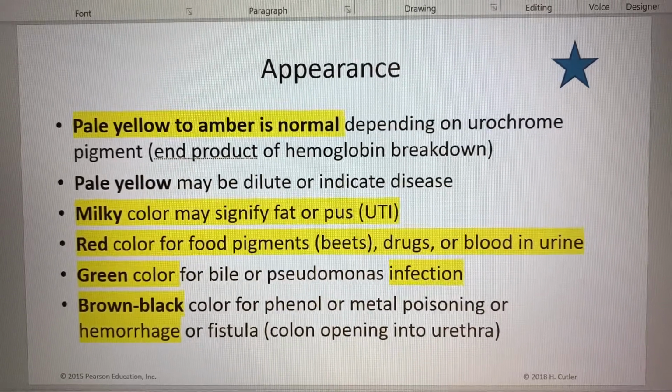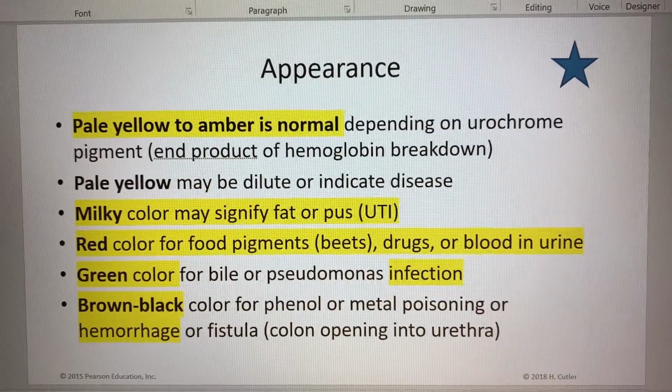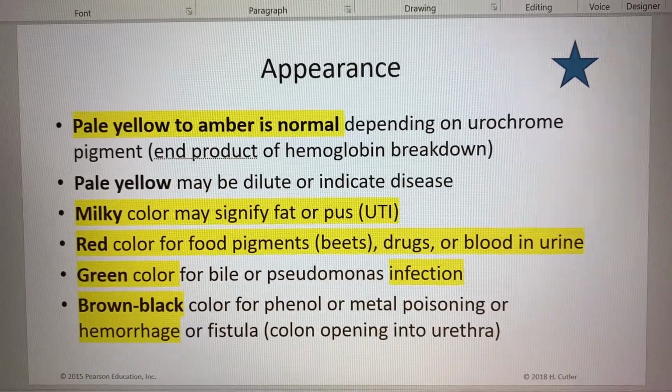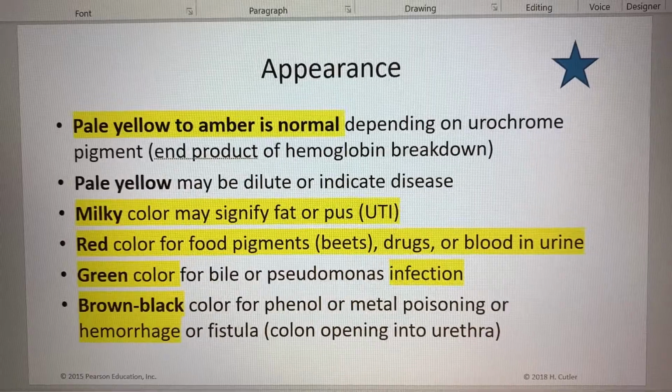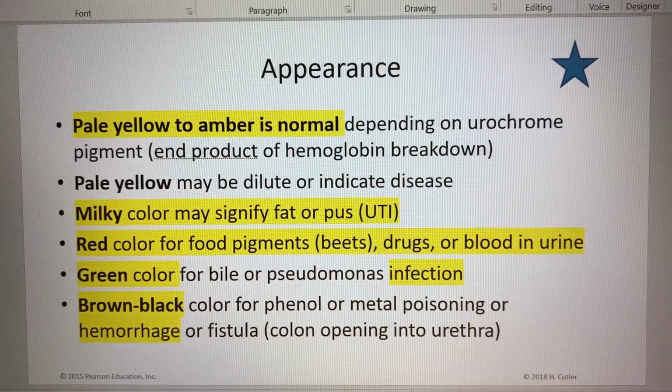Red might be due to any food that the patient ate, like beets, that can discolor the urine and make it look alarmingly red. Also, drugs or blood, of course, would cause the urine to look red. And green could usually be associated with an infection or the presence of bile.